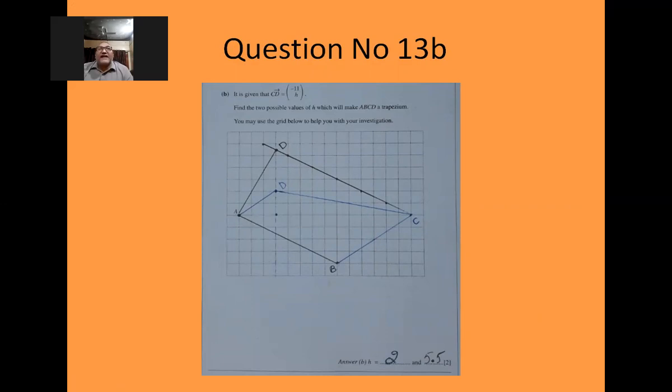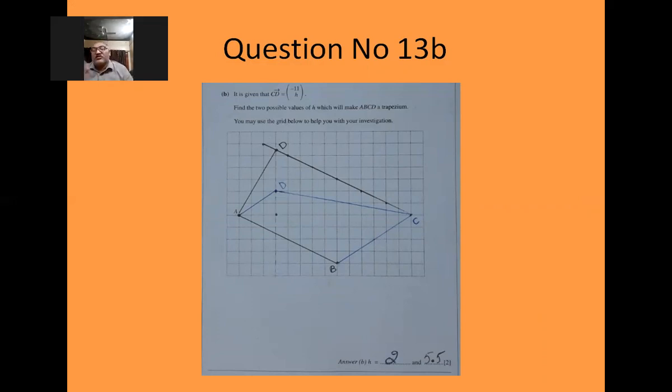Because its x value is minus 11, it means that D will be on this dotted line. Its x value will be minus 11, so it will be here somewhere. Find the two possible values of H which will make ABCD a trapezium. It's a very tricky question.